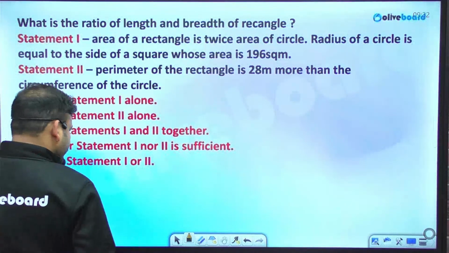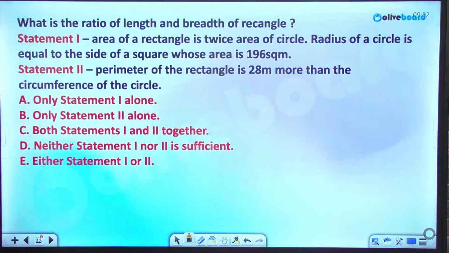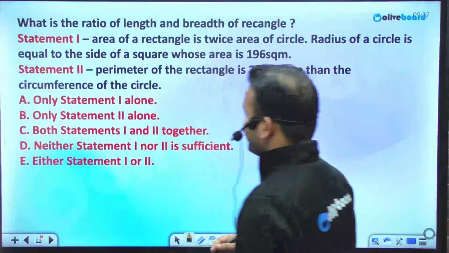This is a question of data sufficiency. What is the ratio of the length and breadth of a rectangle?